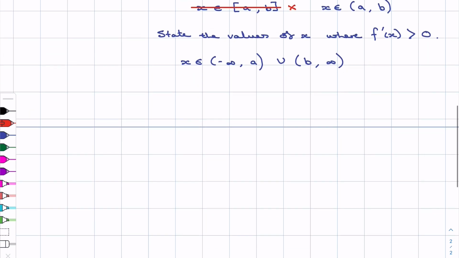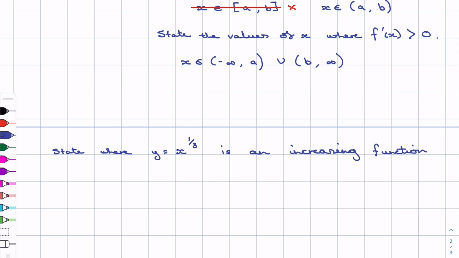Now, the other concept that you might want to consider is you could get a question: state where y equals x to the power of a third is an increasing function.